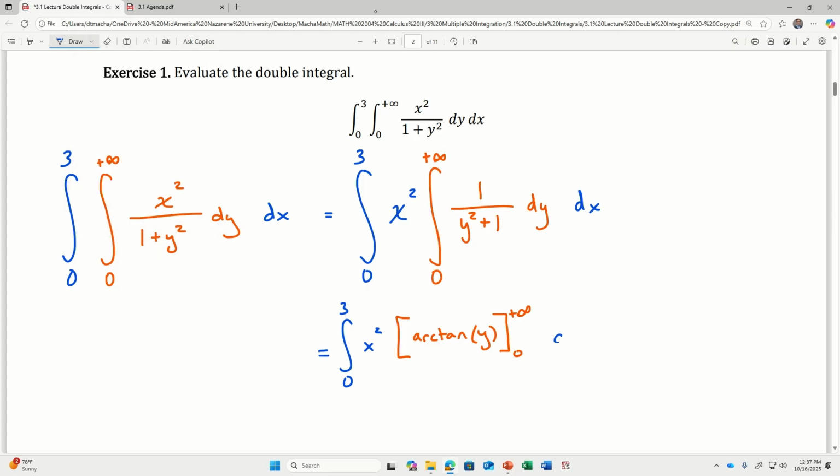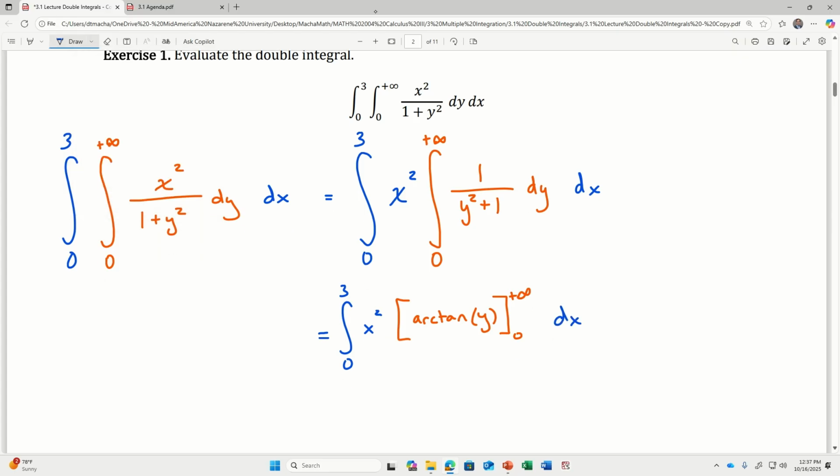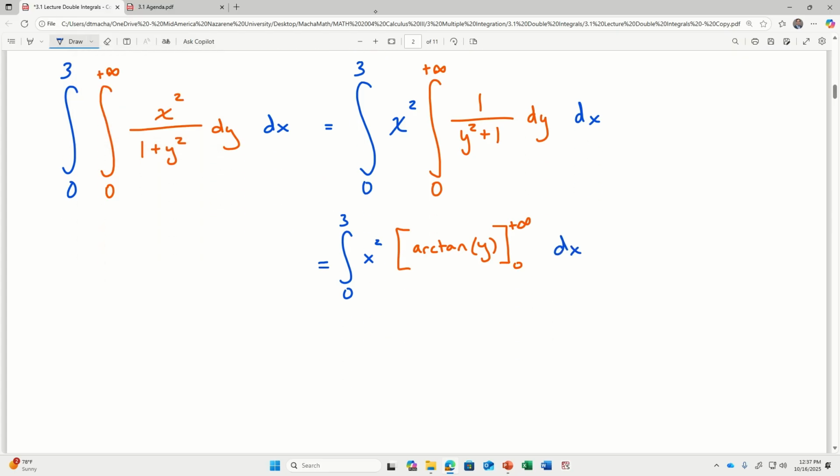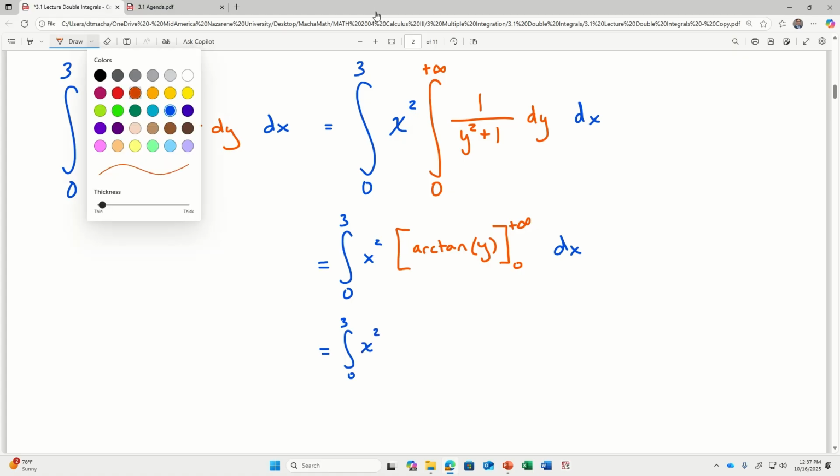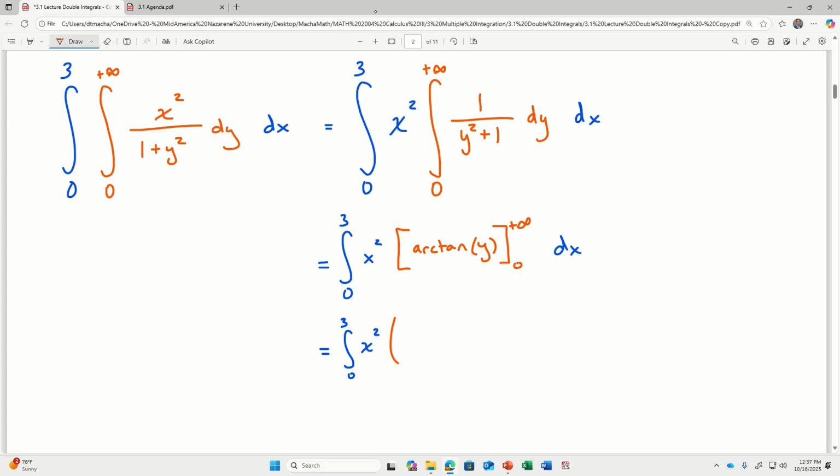Then we take the antiderivative. We're going to plug in the upper bound and the lower bound. What is arctangent of plus infinity? Pi over 2.